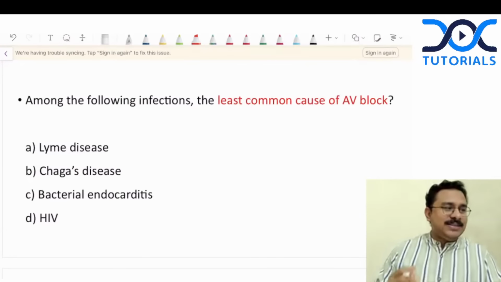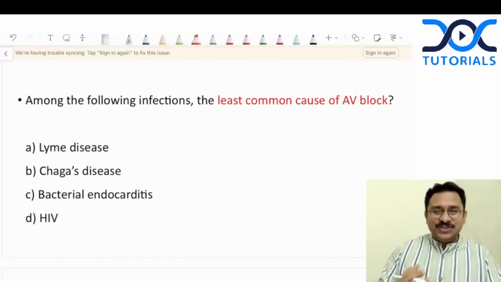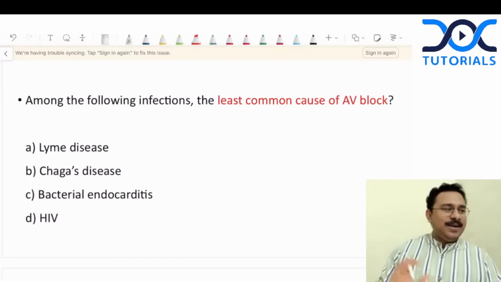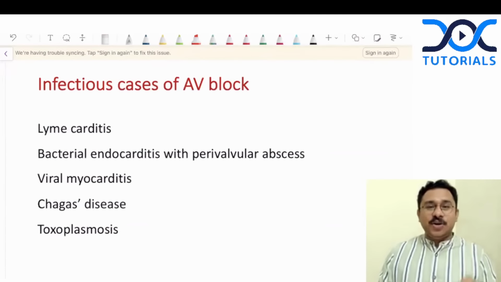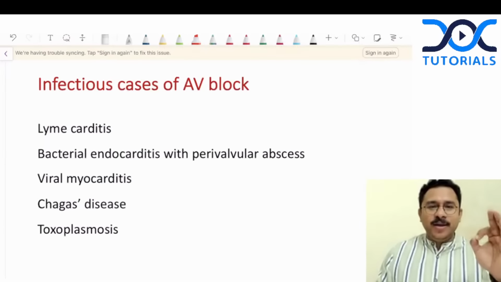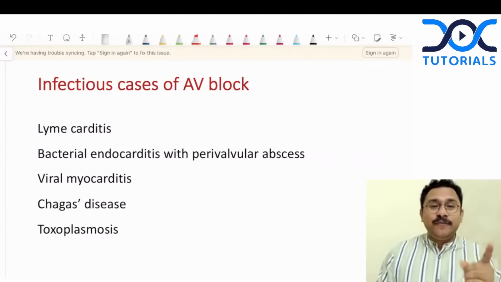What do you think is the answer for this first question? All the following can cause except. Okay, so let's have a quick look at the infectious causes of AV block. Very, very important. Each of these infections, you should know.